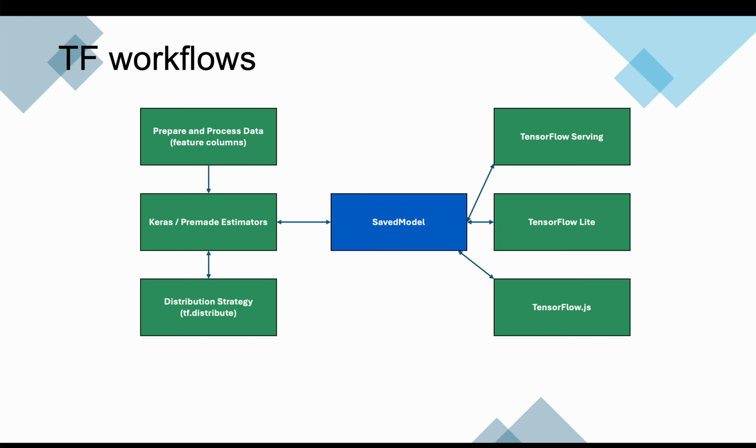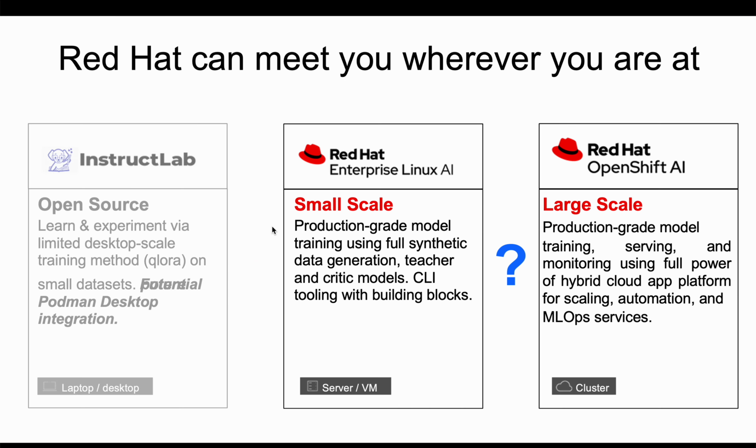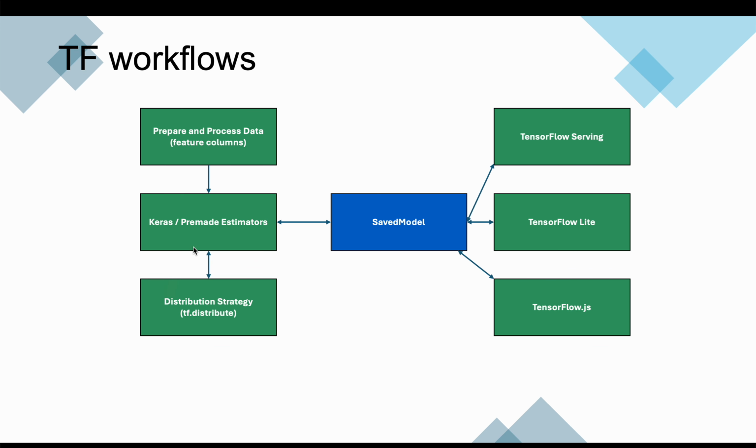Then there is a distribution strategy. The whole idea is that if you are running a large dataset and you need faster training, you need to distribute it to multiple GPUs, and then manage them for resource efficiency, and then you save the model.